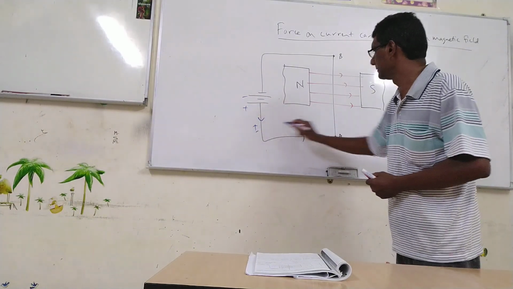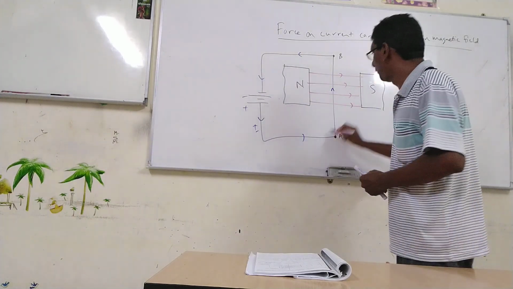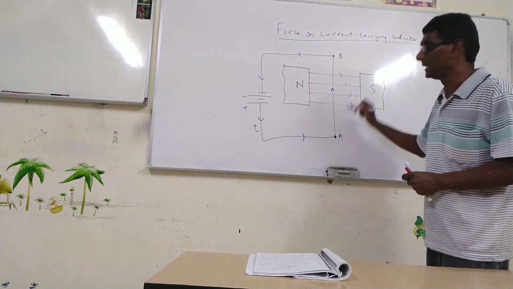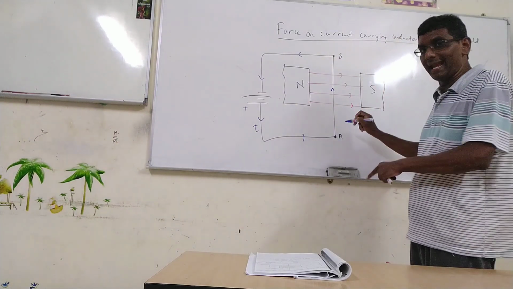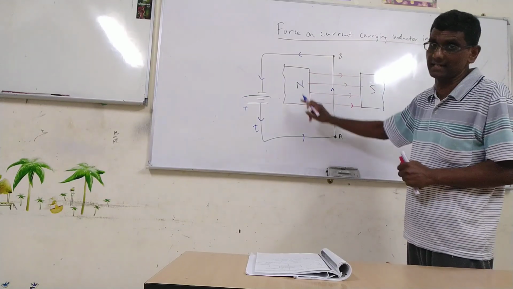This current I flows in the conductor. This conductor is placed in the midst of the permanent magnetic field.